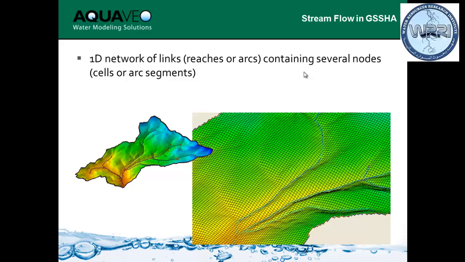In GSSHA, remember when you went through the workshop, you selected several stream arcs, and along those stream arcs you changed the elevation and got rid of any adverse slopes. And that's basically defining your stream network.